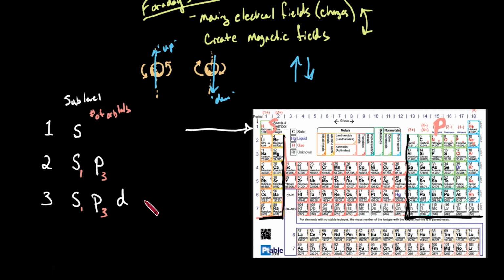And there are, follow the pattern, 1, 3, 5. It's odds, right? 1, 3, 5. Okay, so if there's 5 orbitals in the D sublevel, each one fits 2 electrons. How many total electrons is that? 10, right? 1, 2, 3, 4, 5, 6, 7, 8, 9, 10.